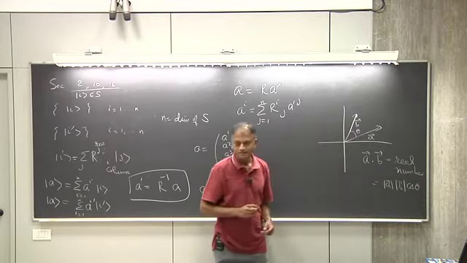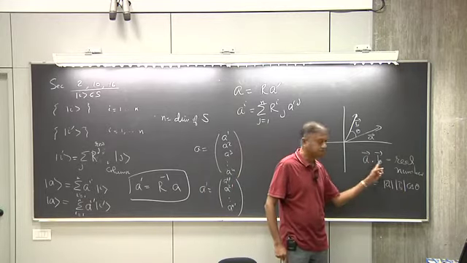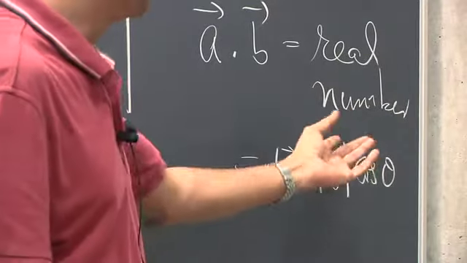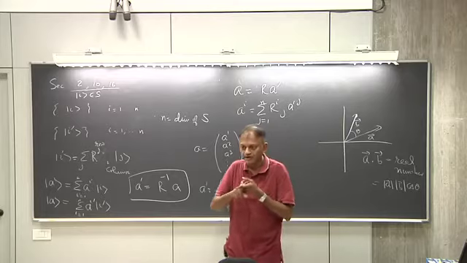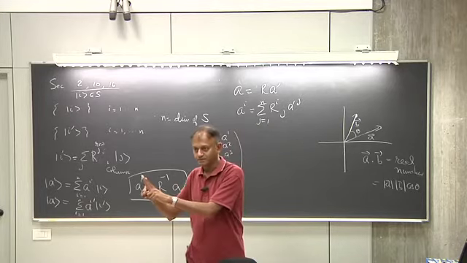But this is just a number which depends on both A and B. If I change A or if I change B, I will change this number. It's a rule that for every pair of vectors, I give you a number.